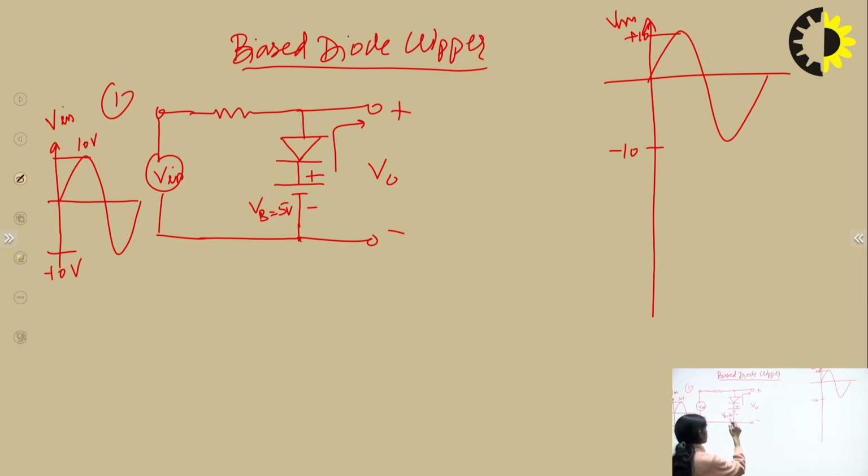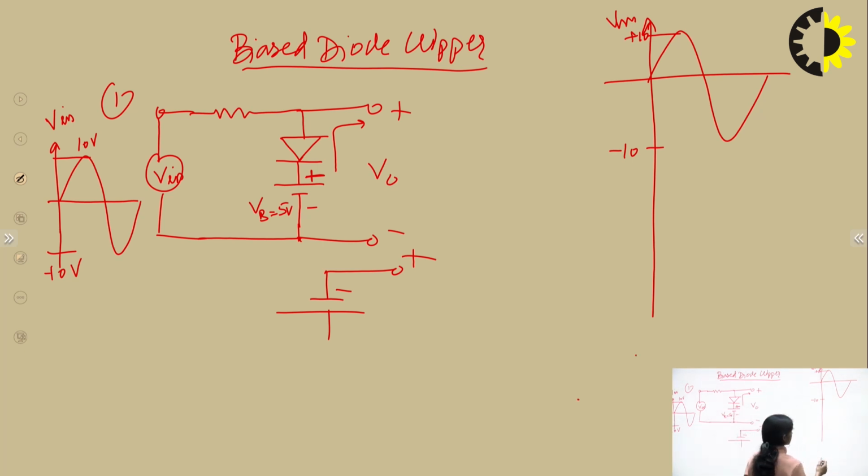So if we have 5 volt, positive is connected to the positive of the output, we'll again going to mark it in the positive side. If the battery is in the reverse, that is negative connected to the positive of the output, then this DC level will be marked in the negative side. So accordingly we're going to work here.